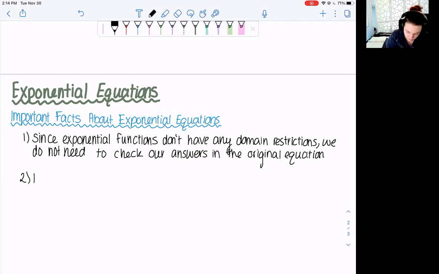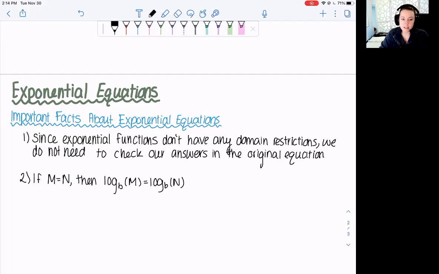Number 2. If m is equal to n, then log base b of m is equal to log base b of n. And you might say, we got that rule yesterday, and you would be close. But the rule that we got yesterday was actually the opposite direction of this. It was, if log base b of m is equal to log base b of n, that means that the insides are equal.